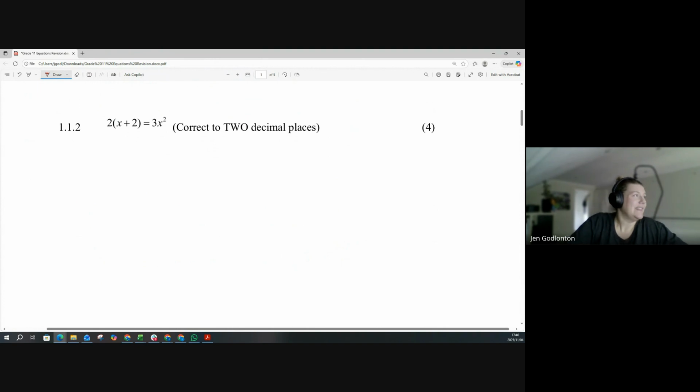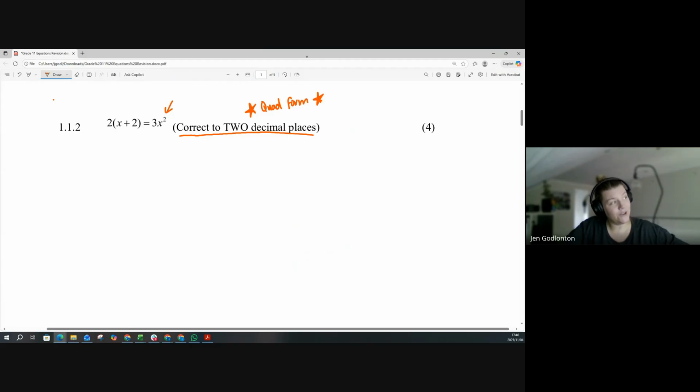1.1.2. There is a clue here. As soon as the question says correct to 2 decimal places and you're dealing with a quadratic, that is a big signal that it's asking you to use the quadratic formula. So as soon as it says to 2 decimal places, it's like a clue for your brain to say, I need to use the quadratic formula here.